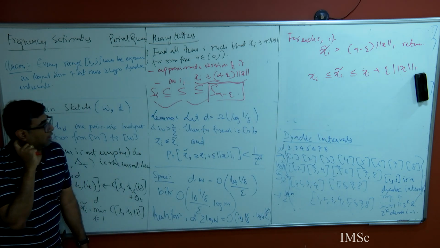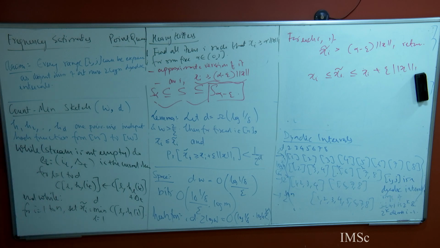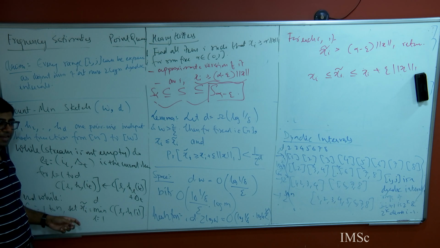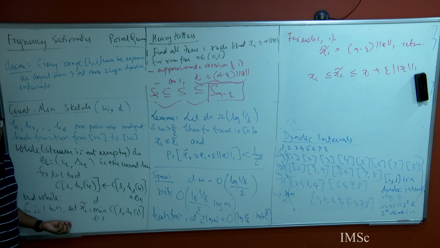Okay, but how much time will it take? N. Okay, how much time does it take to output one xi delta? It is proportional to the table, no? Because I have to find min of all this. So it's actually it will end up taking order n log n time.